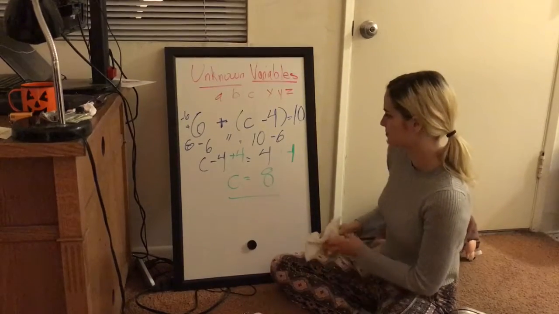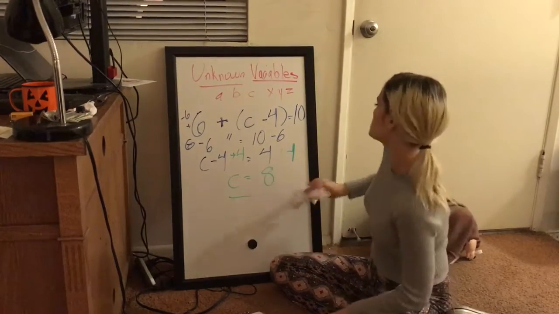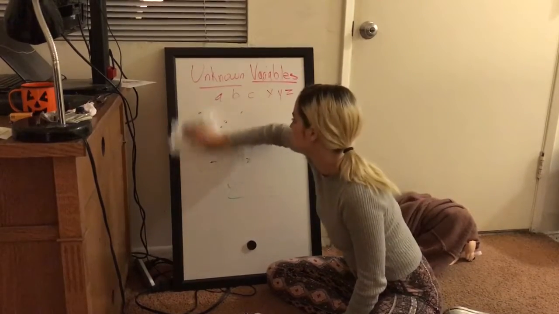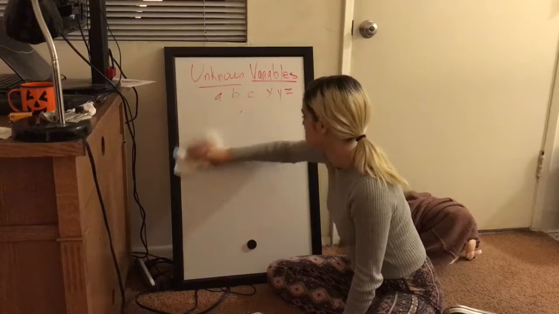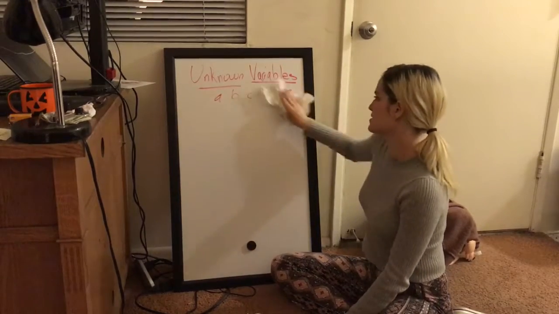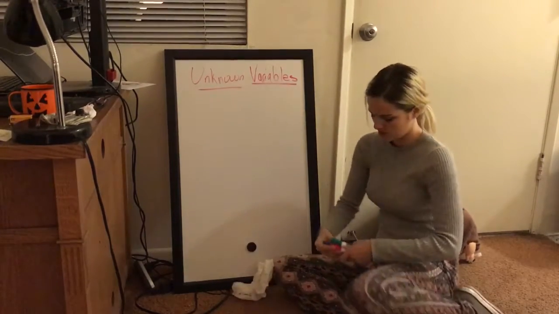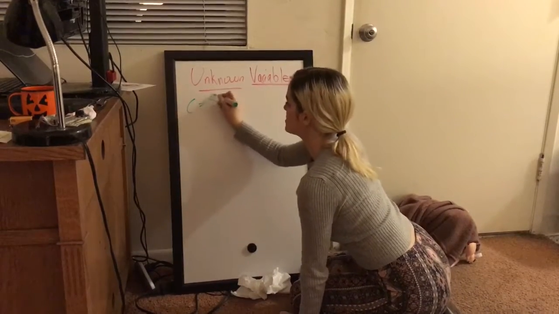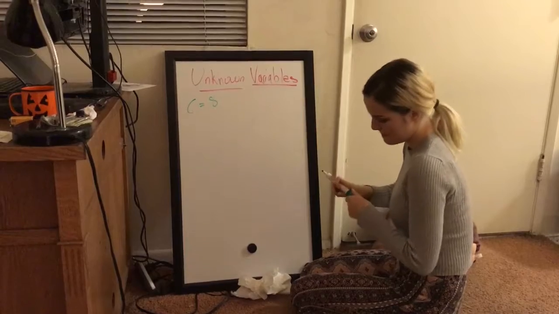So, we now know that c equals 8, so let's just keep that in mind and rewrite everything, just so we can make clear board space. Let's get rid of this too. So we know, or we believe, c equals 8.